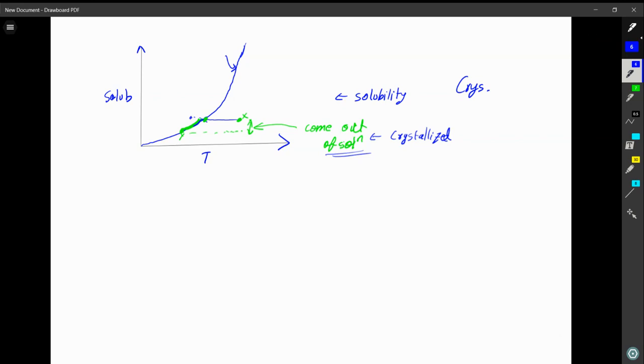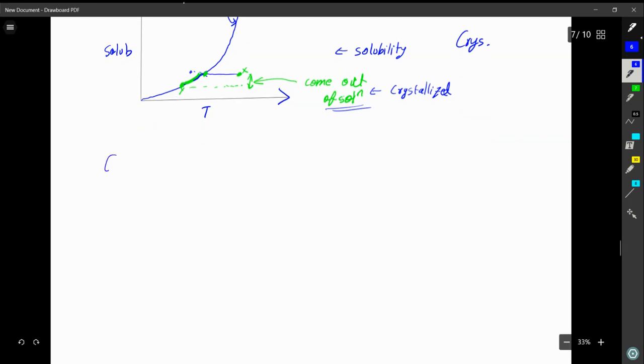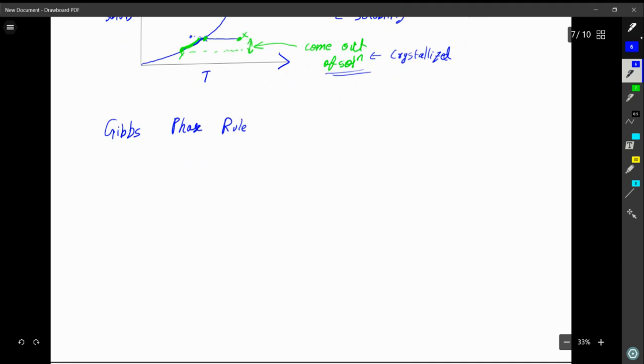Now let's talk about something called the Gibbs phase rule. A very simple rule, but very interesting. It says P plus F is C plus 2. P is phases, F is freedom, which means degrees of freedom, C is components.